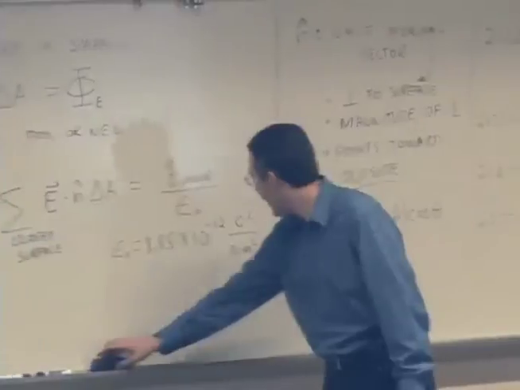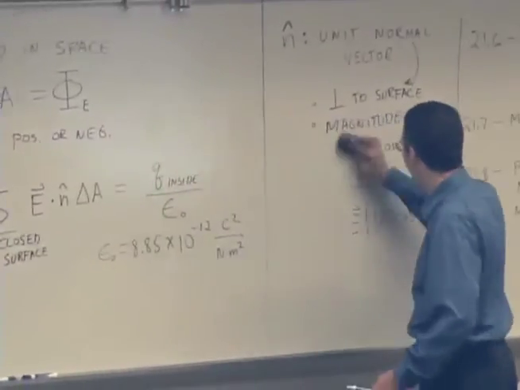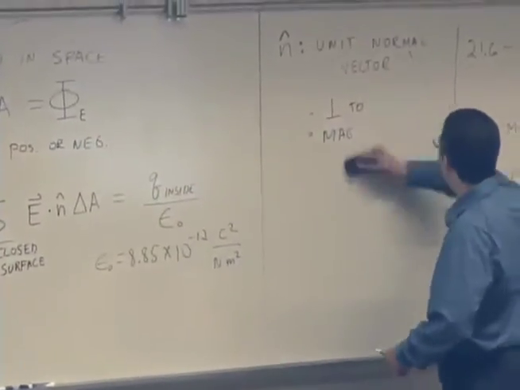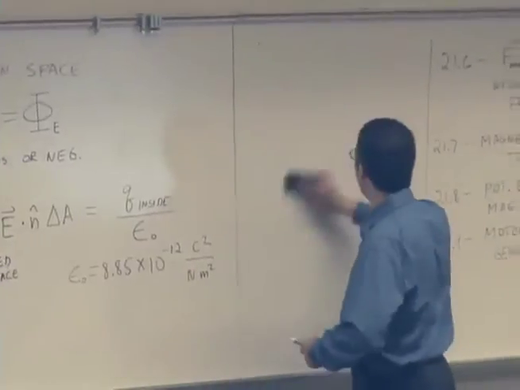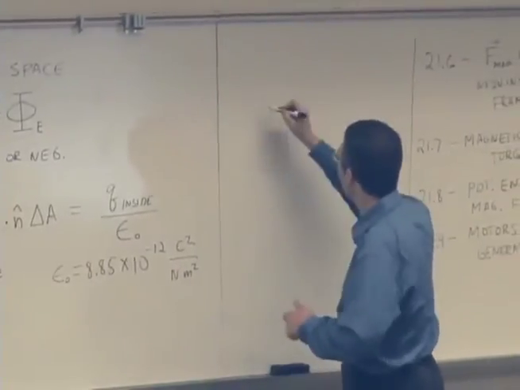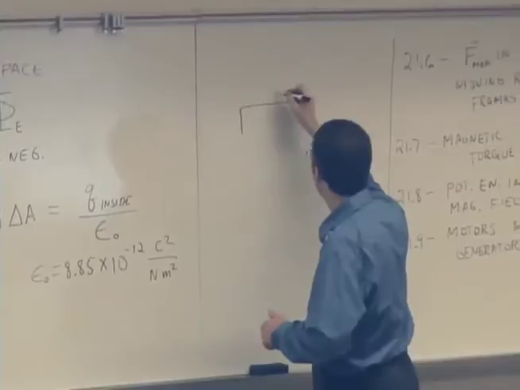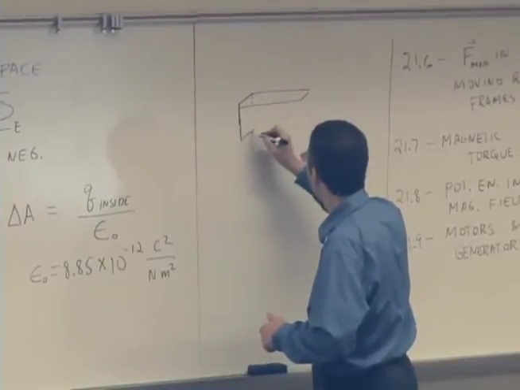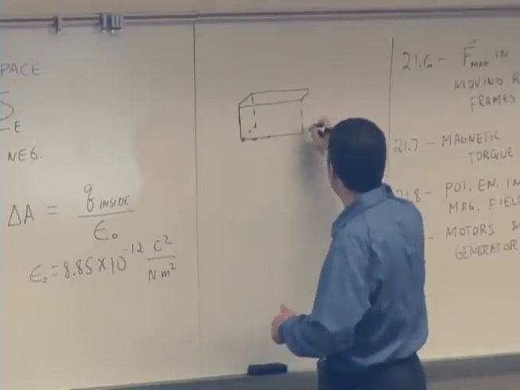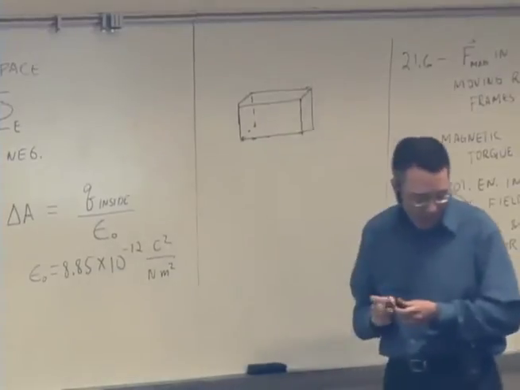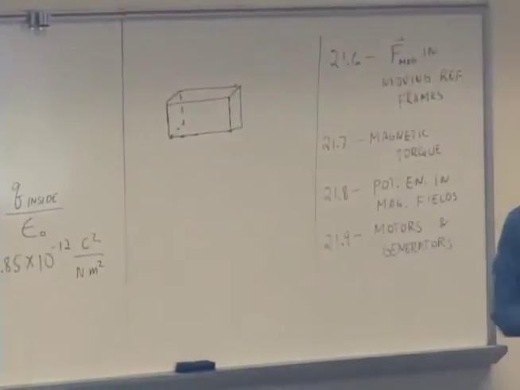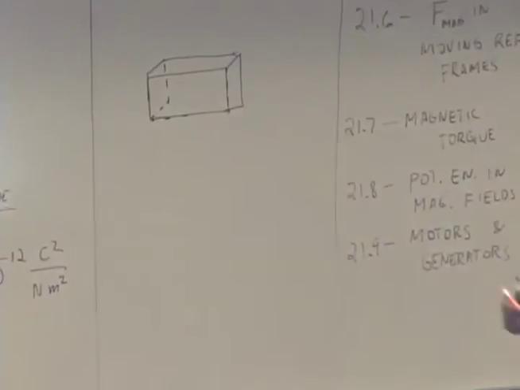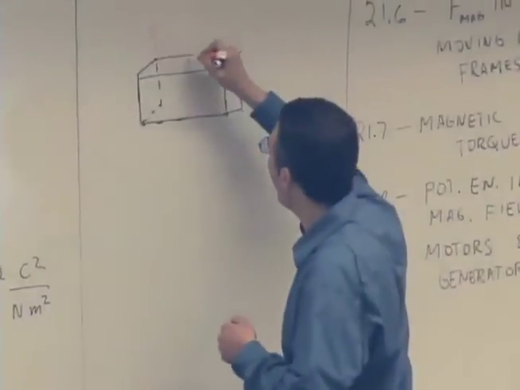So when we had the case of the positive charge inside, that first example we looked at, let's do this. Here was our box again, and we had electric field pointing toward the outside of the box. Okay, so something like that.